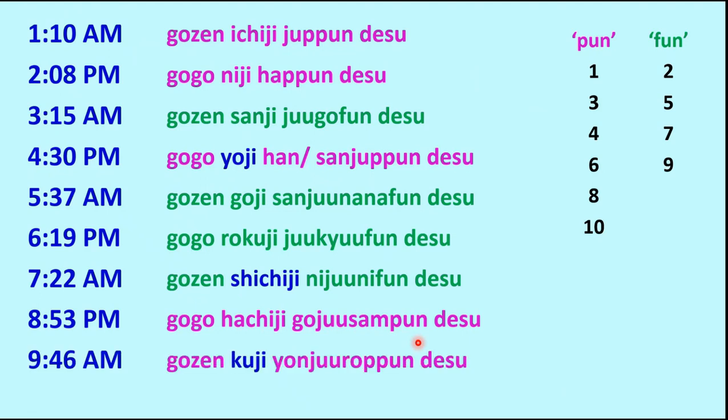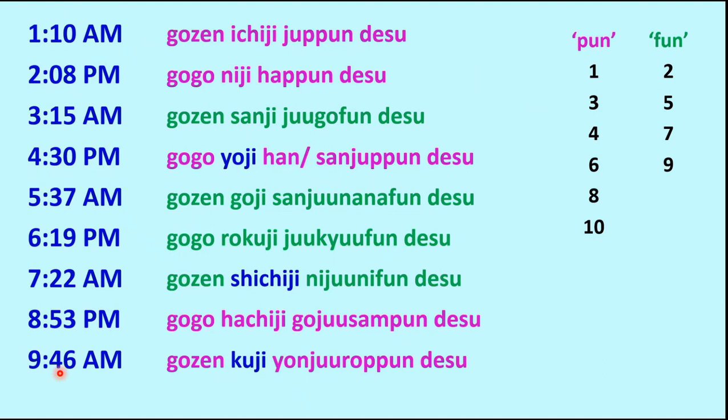9:46 a.m. Gozen Kuji Yonju Roppun desu. Very interesting. Gozen is for AM. Kuji is 9 o'clock or 9th hour. This is also an exception. And 46, Yonju Roku.